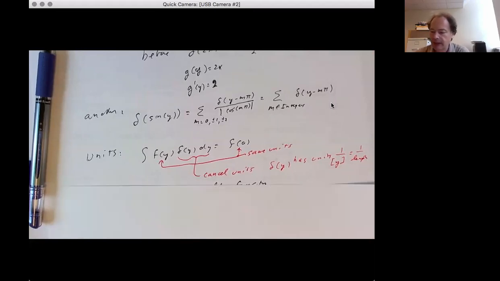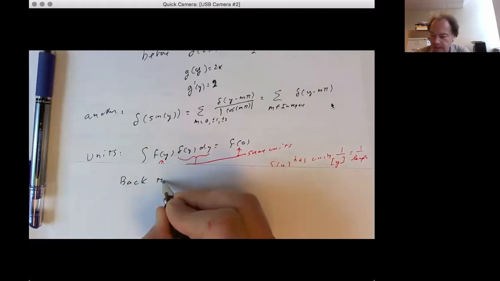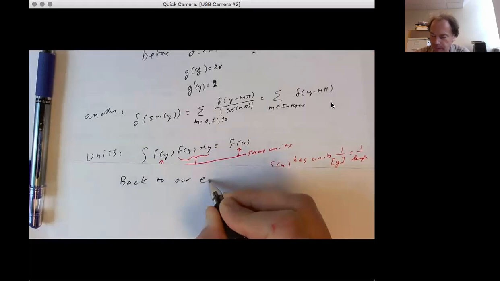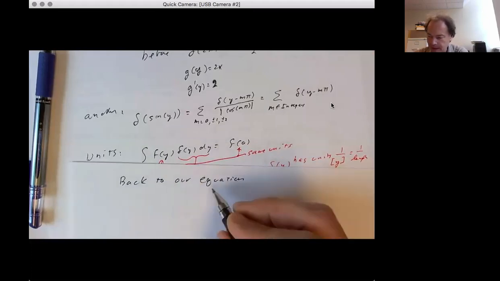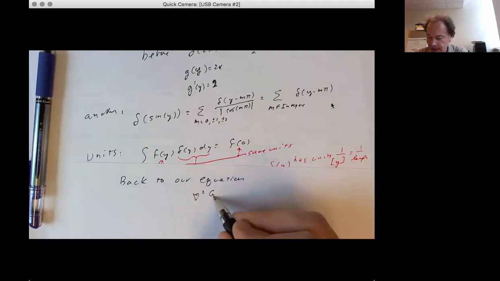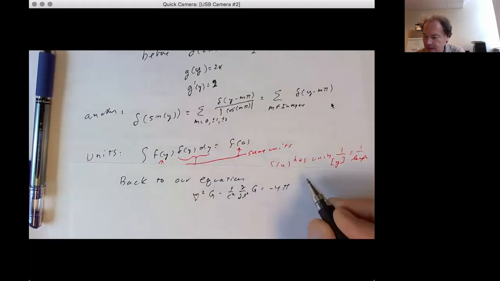So if we go back to our equation, we had del squared g minus 1 over c squared partial t squared g is equal to minus 4 pi delta cubed r and t.